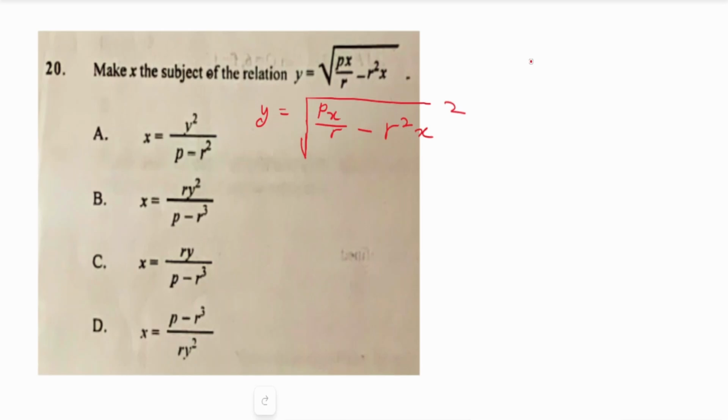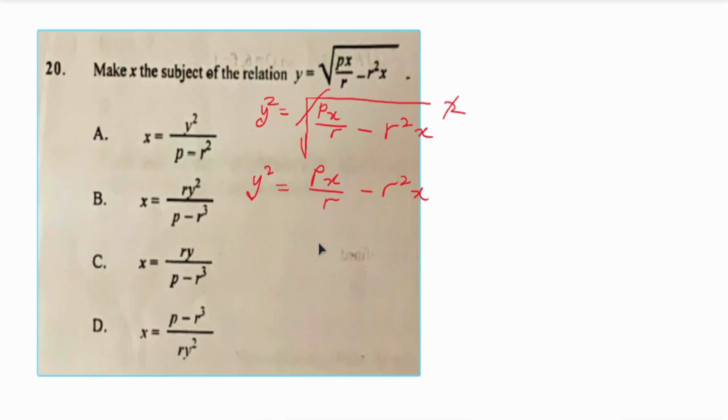I'm squaring here, and then we are squaring here. And that gives us y squared equals, the square cancels out the square root. So we're going to have px over r minus r squared x. From here, we are going to multiply through by the denominator r here to get rid of the fraction.